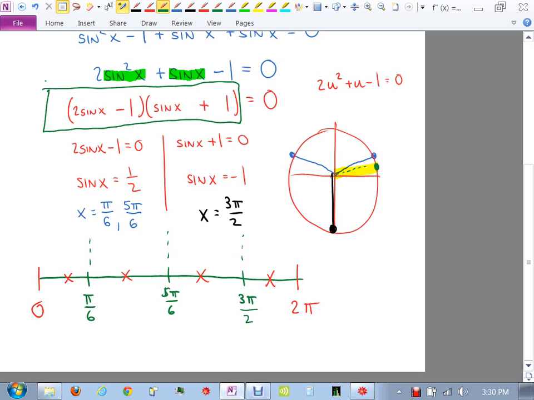If I say sine of whatever that green dot is, is that bigger than a half or smaller than a half? Because what was sine at this blue dot? It was a half, right? So if it's below that, the y coordinate is smaller, right? So what would 2 times a number smaller than a half be? Bigger than 1, wouldn't it?